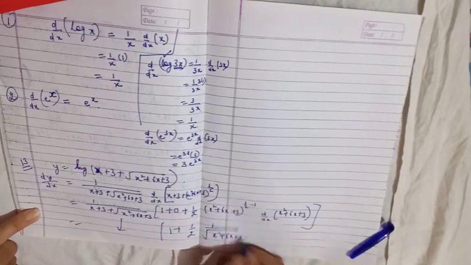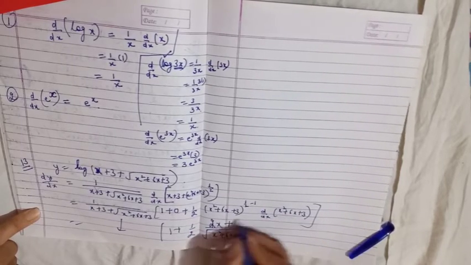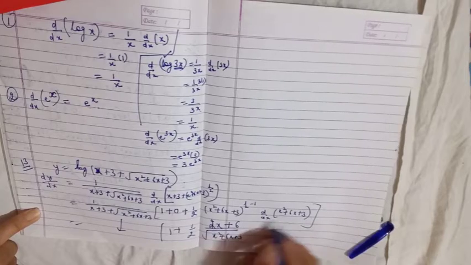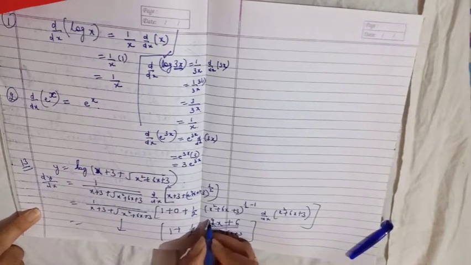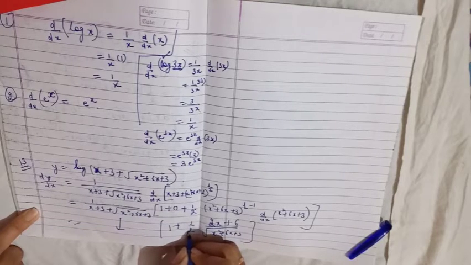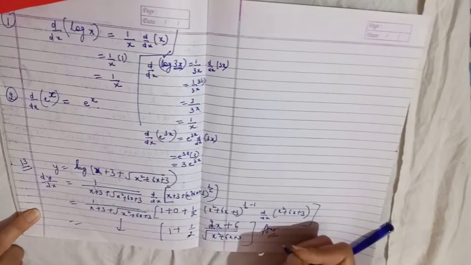Now the derivative of x square is 2x, plus 6x gives 6, and 3 gives 0. Now take 2 common from the numerator and cancel this 2 with this 2, and solve by taking the LCM, and that will be your answer.